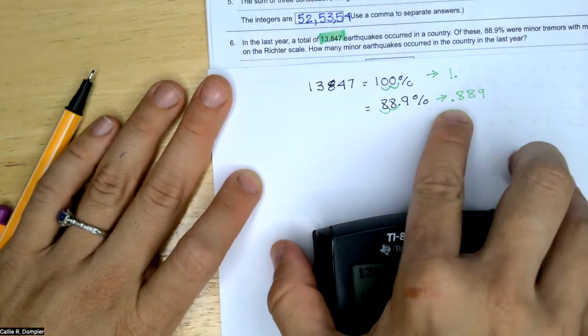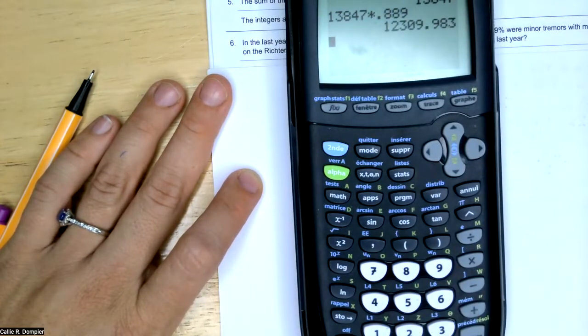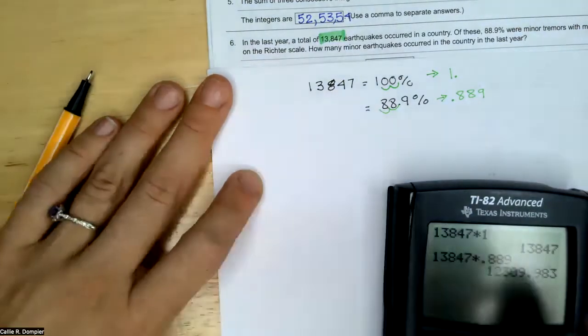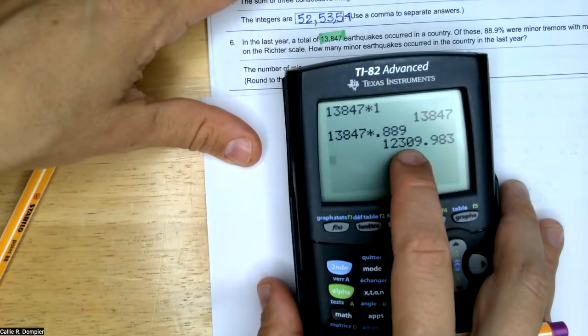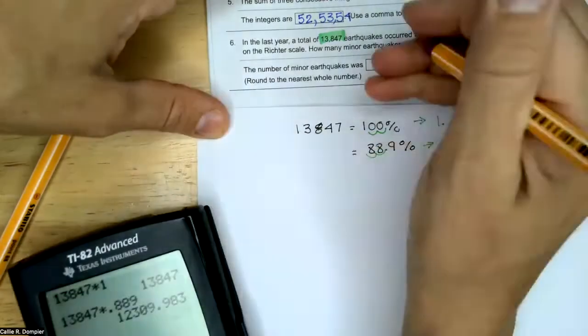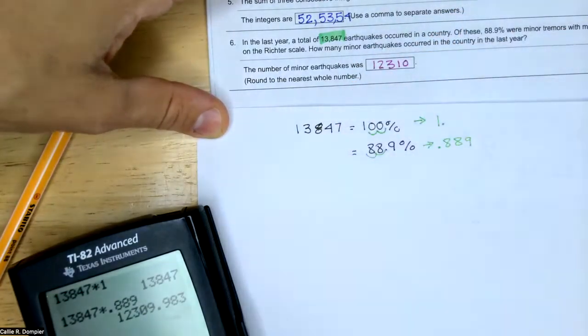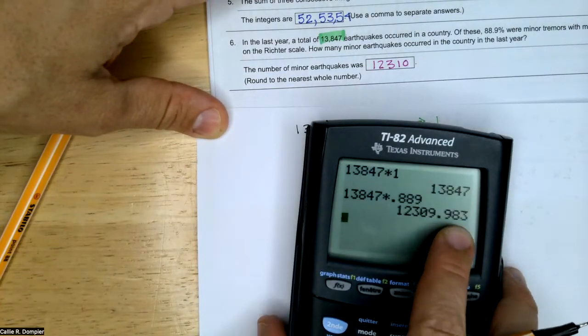If I need 88.9%, I multiply it by 0.889, and I get 12309.9. What did they say? Round to the nearest whole number. So that is 12310. Good. Because 0.9 rounds up to 10.